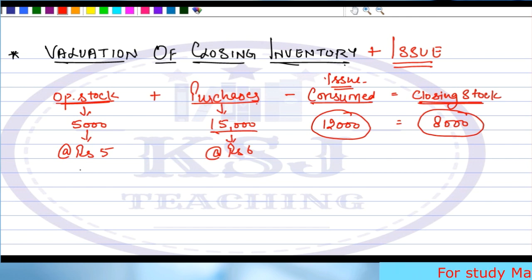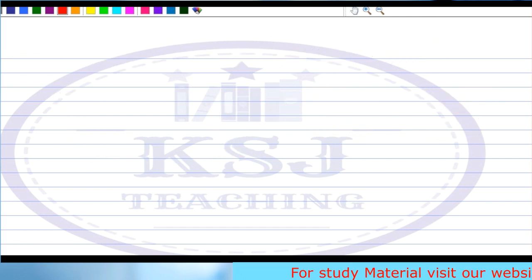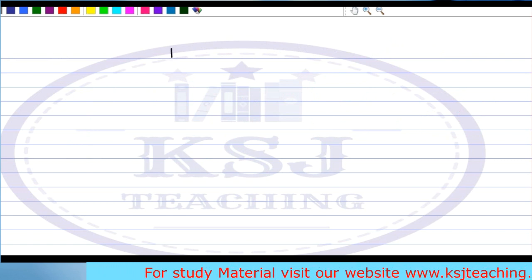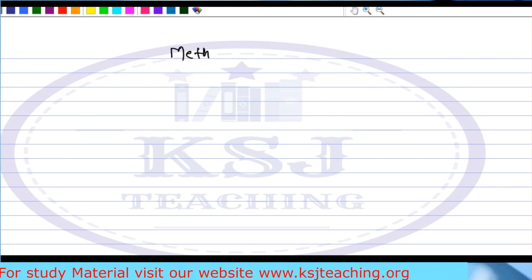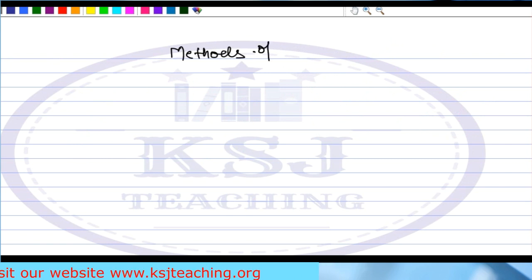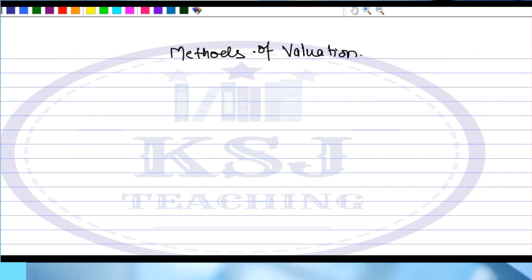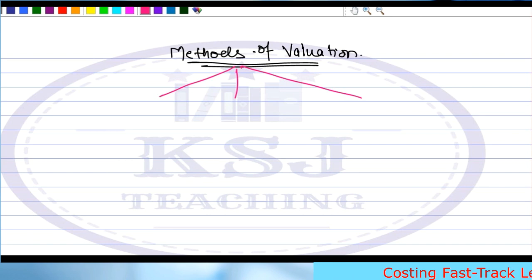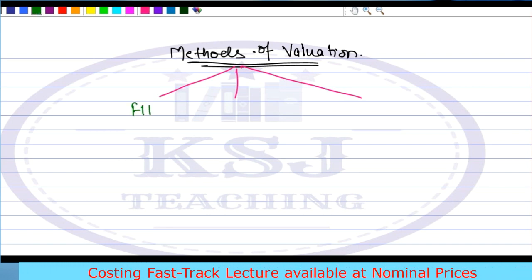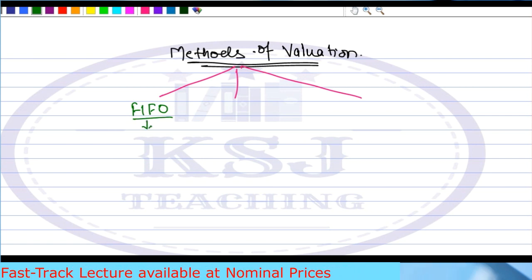See, for this there are three important methods of valuation. Otherwise you will find various methods, but these three are the important ones. The first is the FIFO method, first in, first out. You must have heard about it.